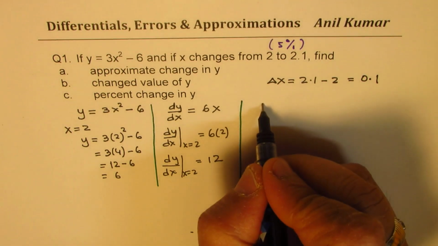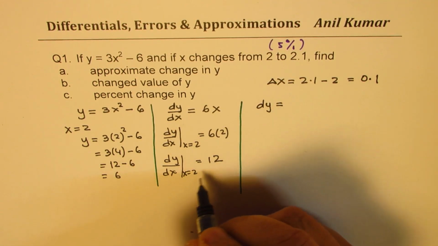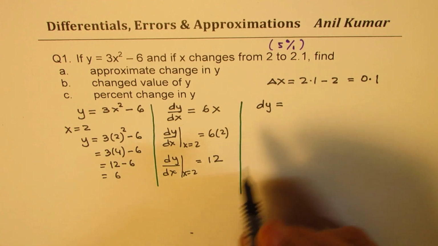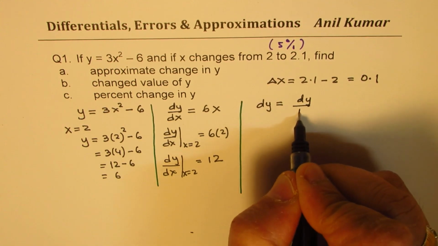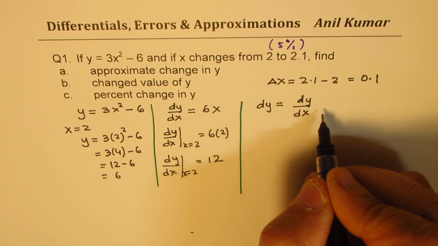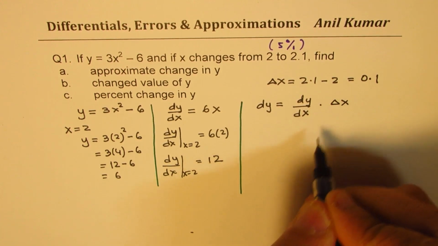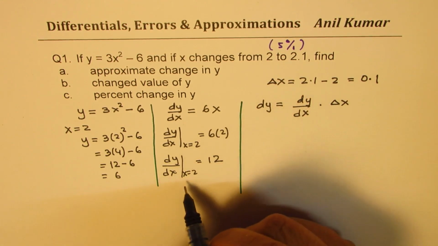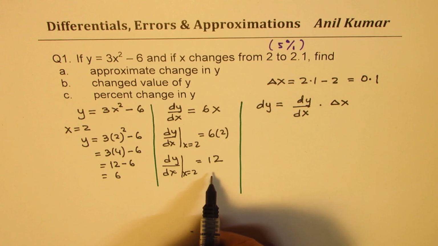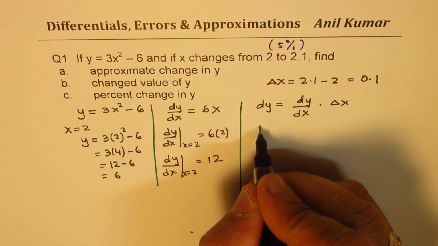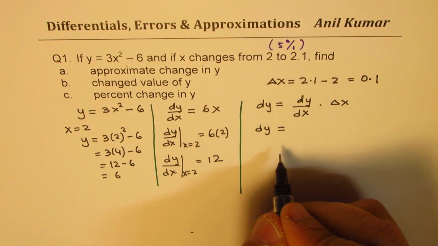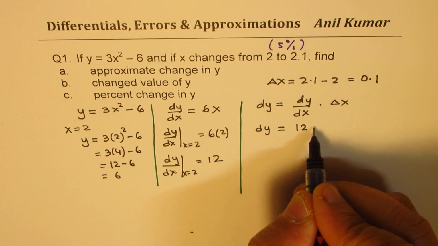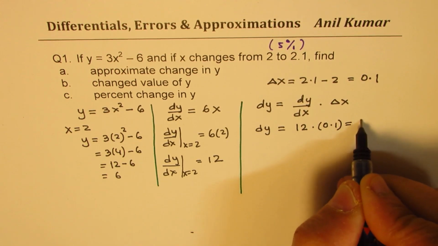So from here, we can say dy is equal to dy/dx times delta x, correct? So dy/dx at x equals 2 is what we just found here. So we get dy, the change in y, is equal to 12 times 0.1, or 1.2.